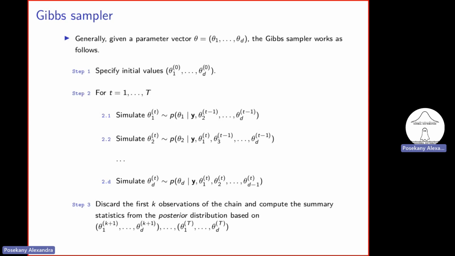Sorry, I was just thinking two things. What if you have a small number of steps? Is the removal of the first observations standard? Is it a random number? Is it predetermined? You determine it.